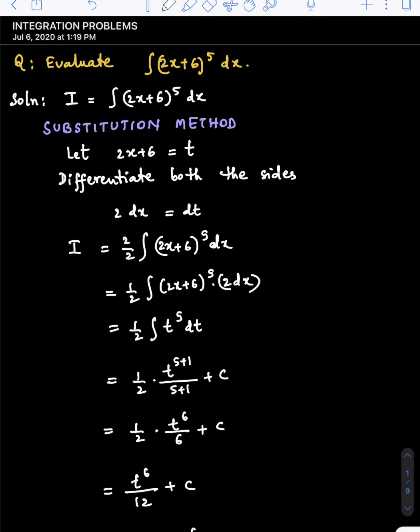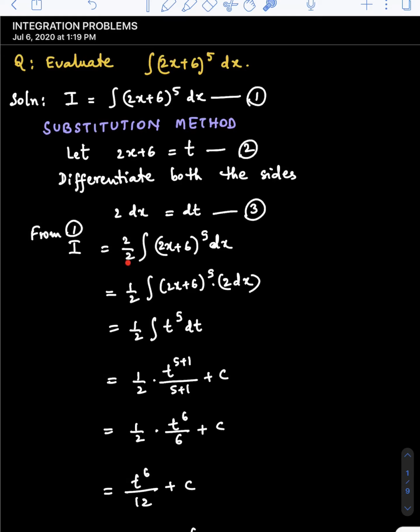Now there is a process in substitution. Let me give the number 1 to this, and this is the second and this is the third. Now from 1, the first step is taken again: I is equal to integral (2x plus 6) whole power 5 dx. Here one change you have to observe, that 2 by 2 is taken. If you cancel, you get the same 1 only.